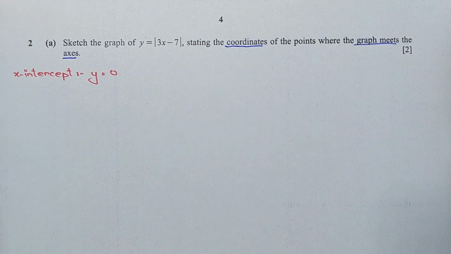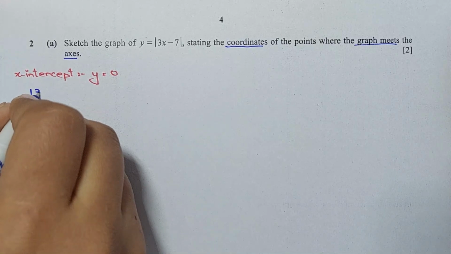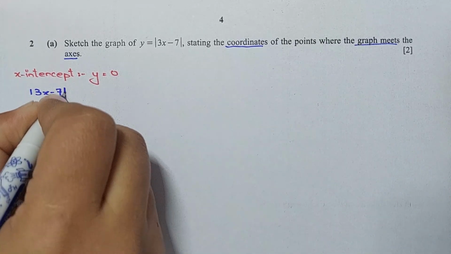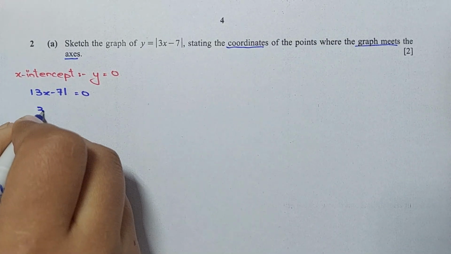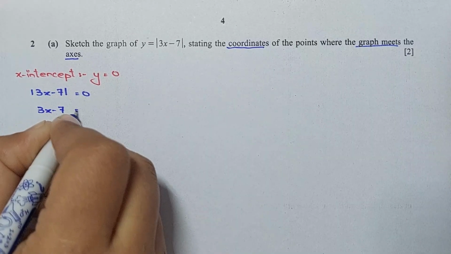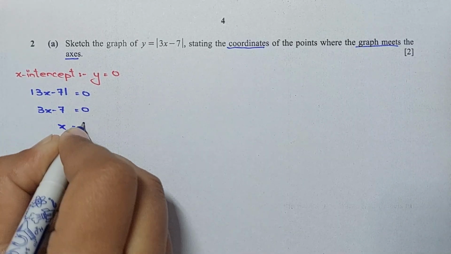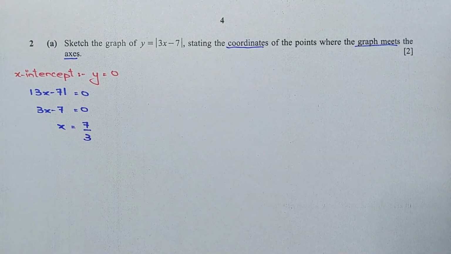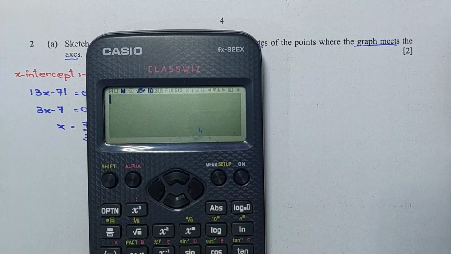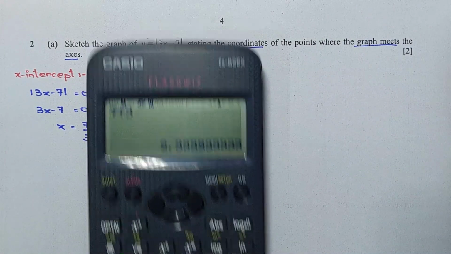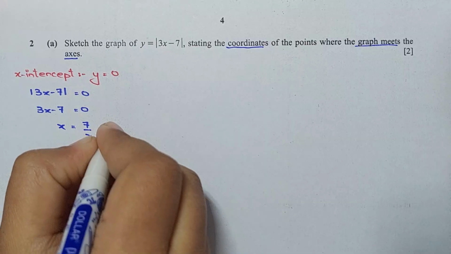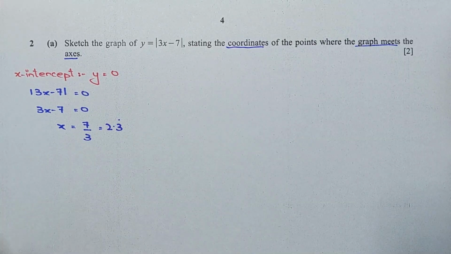So the absolute value of 3x minus 7 equals 0, or just 3x minus 7 equals 0, and here x equals 7 over 3, which is 2.33, 2.3 recurring.